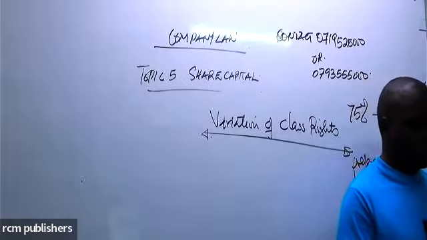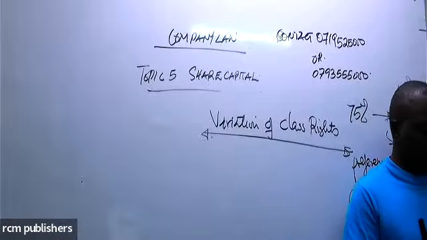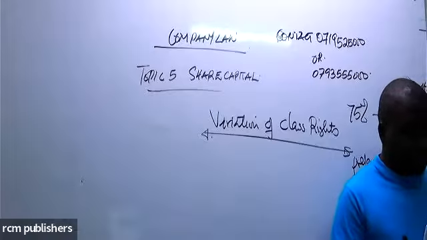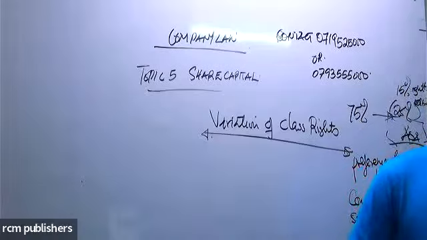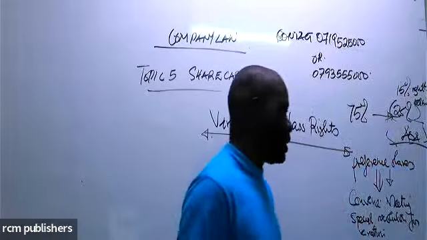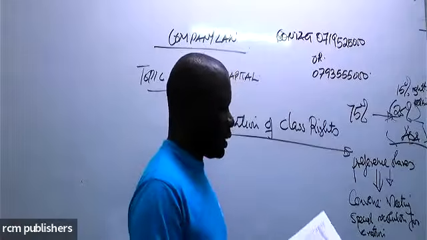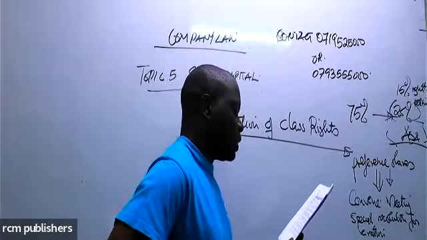Rights attached to a class of a company's shares may be varied only in accordance with the provisions of the company's articles providing for the variation of those rights, or, if the company's articles contain no such provision, if the holders of shares of that class consent to the variation.